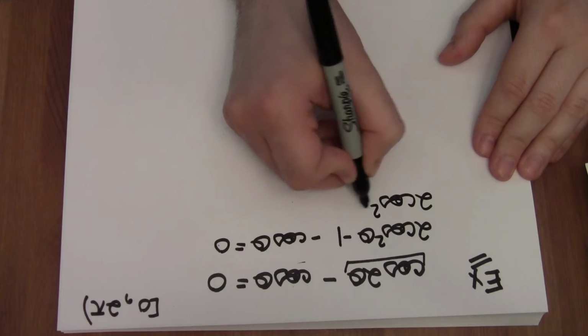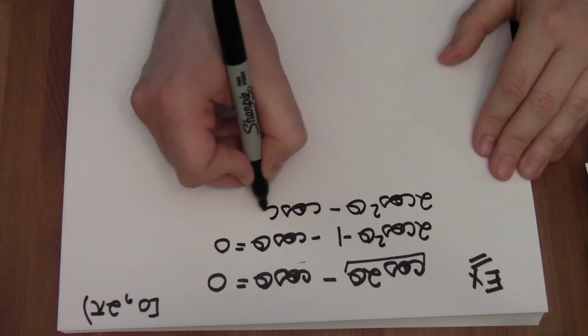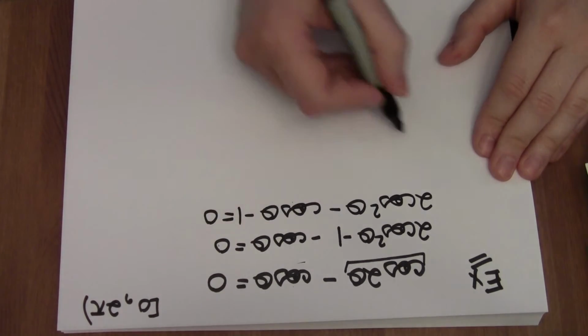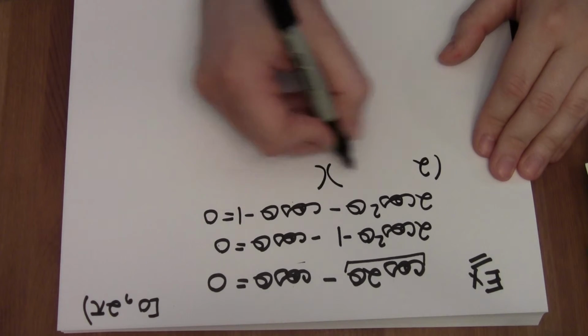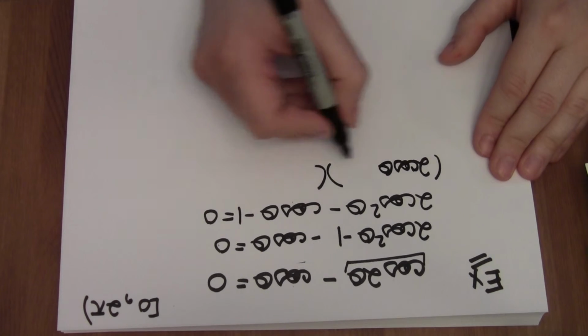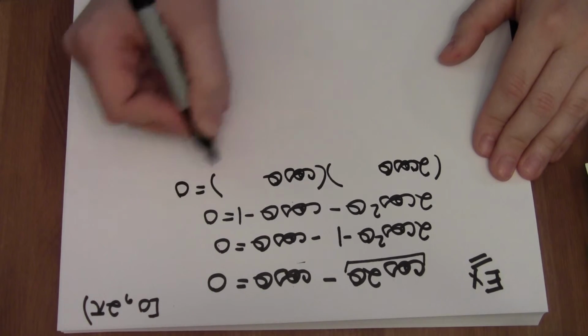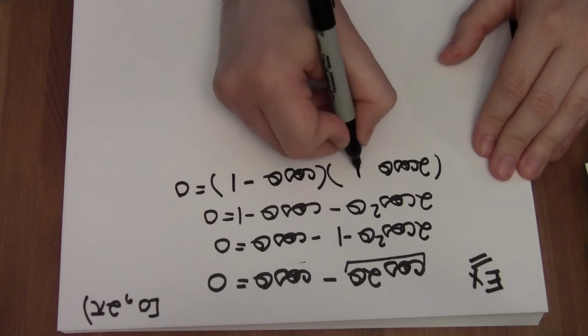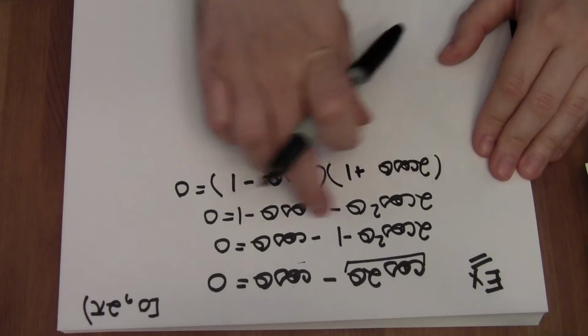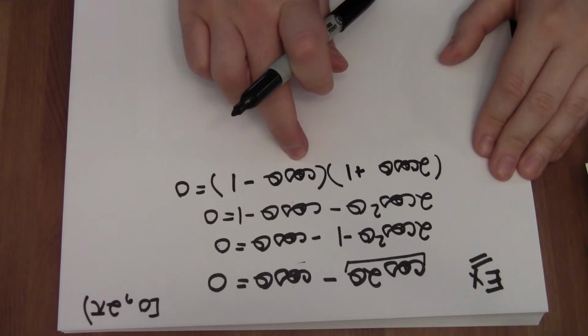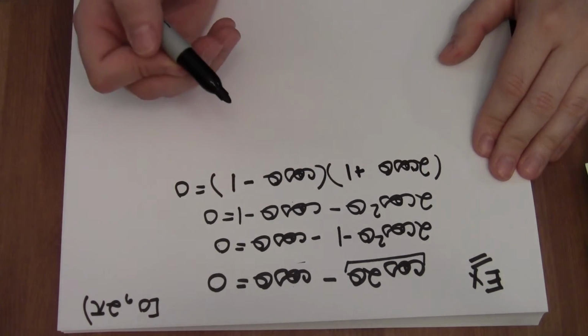So 2 cosine squared theta minus cosine theta minus 1 equals 0. To factor this, I'm going to factor this into 2 cosine theta and then cosine theta with something. I think I need a minus 1 over here and a plus 1 over here, because negative 2 cosine theta plus 1 cosine theta gives you negative cosine theta.